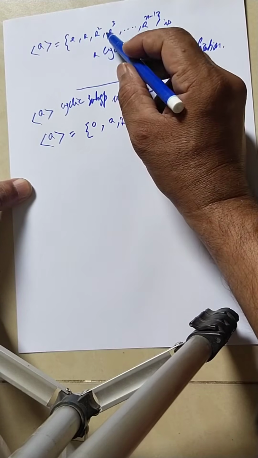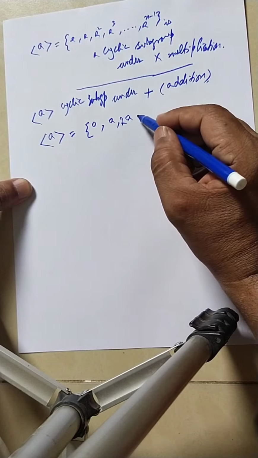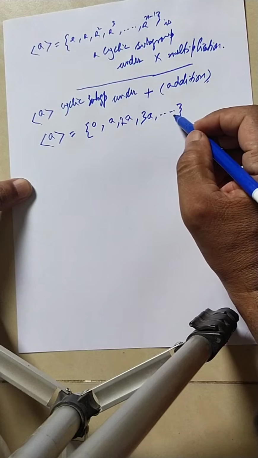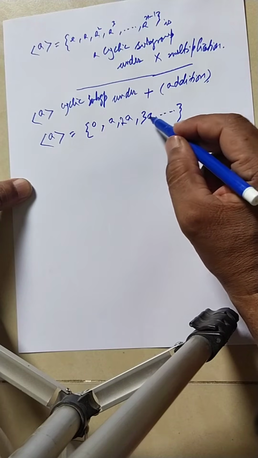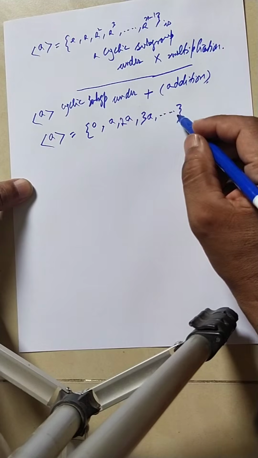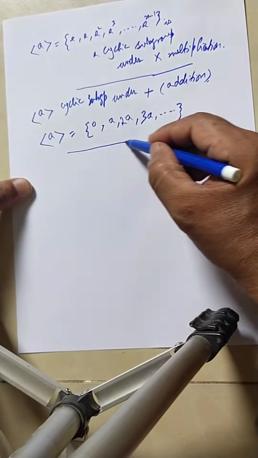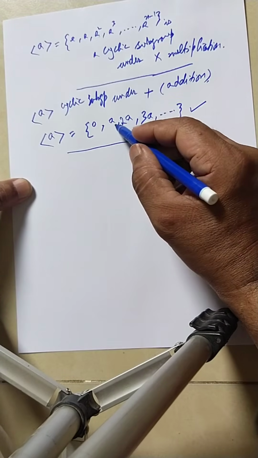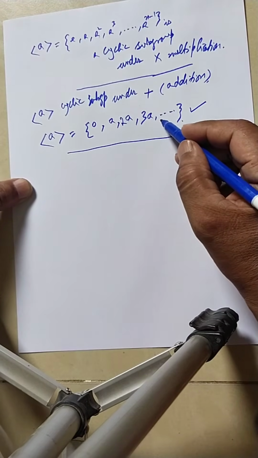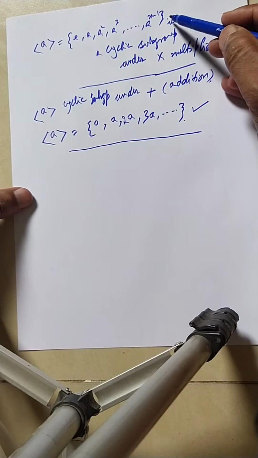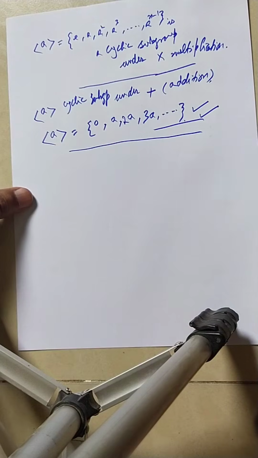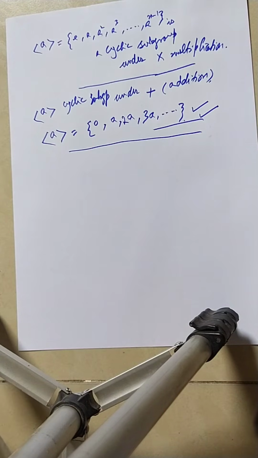Here in multiplication a square, here 2a, 3a, and so on up to n minus 1 times a will be added. Please note, this is the ideal or subgroup under addition. Elements will be added in this form, but in multiplication they will be multiplied. This is the difference. We will follow this technique to find the maximal ideals of Z8, Z10, Z12 and Z36.